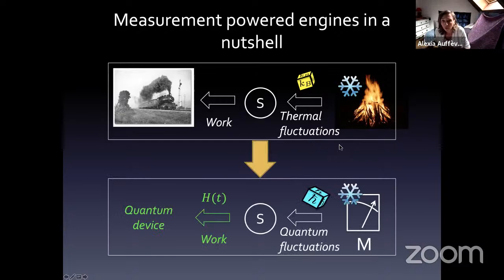What I want to do now is basically to replace the hot source that provides energy by a measuring device, and then extract work from quantum fluctuations. So this is actually the essence of what I called a measurement-powered engine.